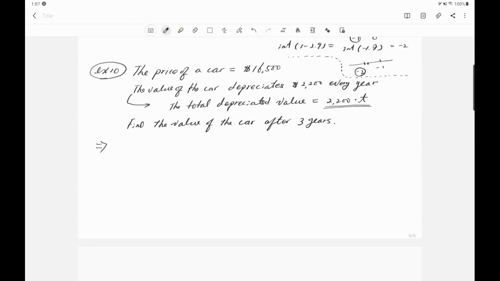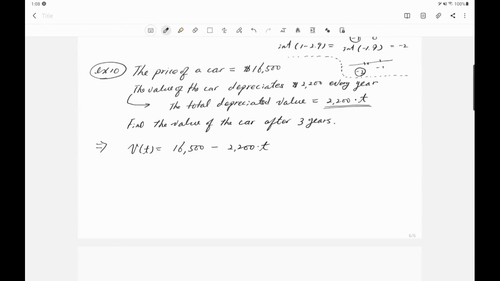So we want to find the value of the car after 3 years. Let's say V of t is the value of the car after t years. The original price was $16,500, then every year it decreases by $2,200, so we multiply this by the number of years.